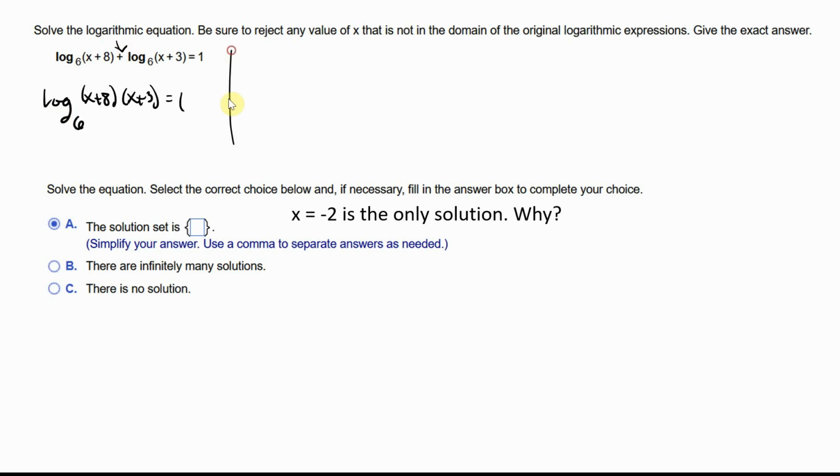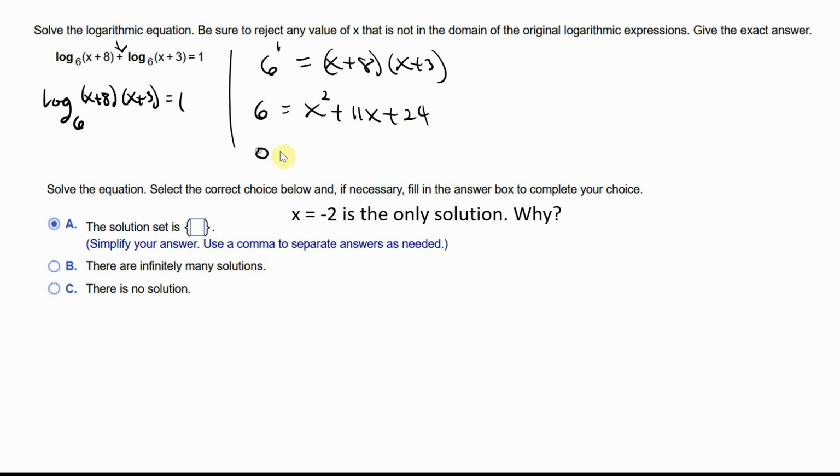Now, if I use the definition, it says 6 to the 1 is equal to x plus 8 times x plus 3. So here, 6 to the 1 is equal to x plus 8 times x plus 3. So this is 6 is equal to, foil that out, x squared plus 11x plus 24.